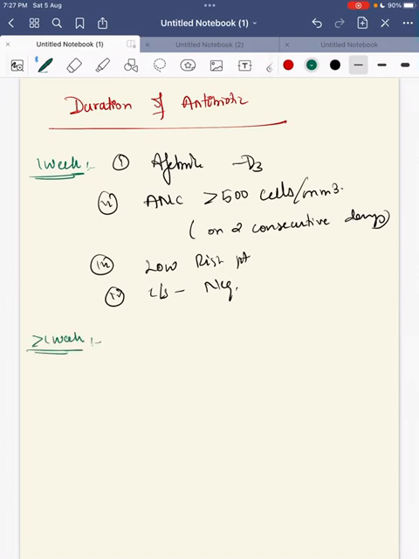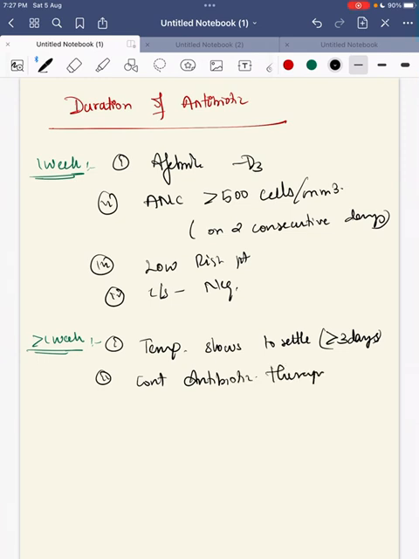More than 1 week is recommended if the temperature of the child is slow to settle after 3 days. For more than 3 days, you have to continue antibiotic therapy for 4 to 5 days even after neutrophil recovery. Neutrophil recovery is nothing but when the ANC is more than 500 cells per cubic millimeter.